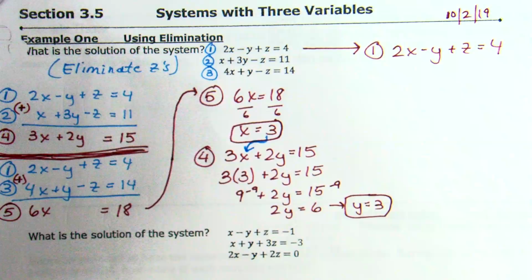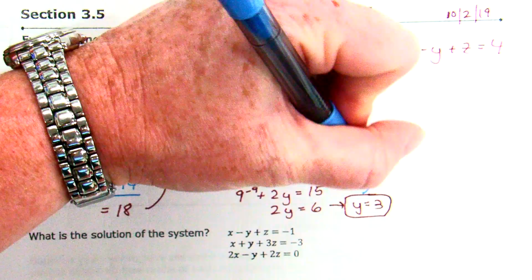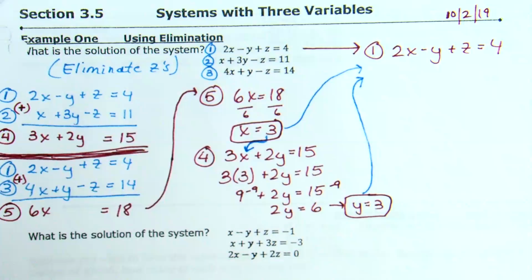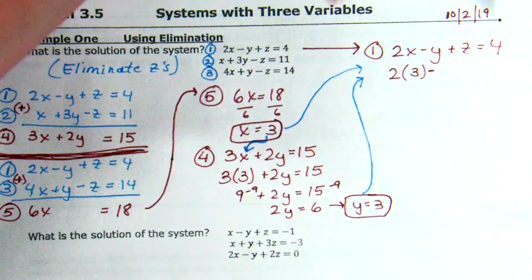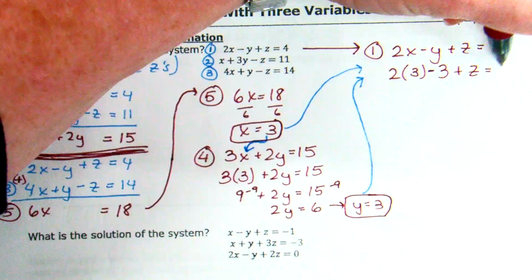So I'm using the fact that x equals 3 and y happens to equal 3 and plugging those in. So 2x means I'm going to do 2 times 3, minus y means I'm going to do minus 3, plus z equals 4.